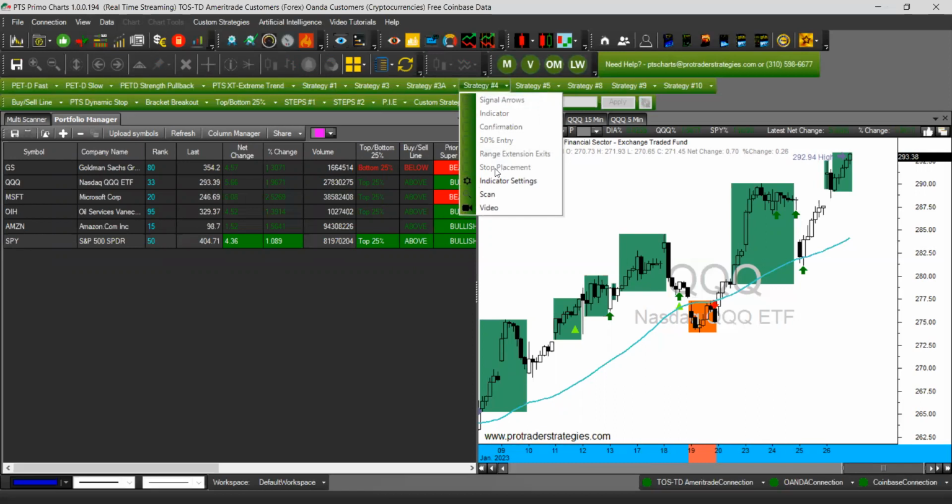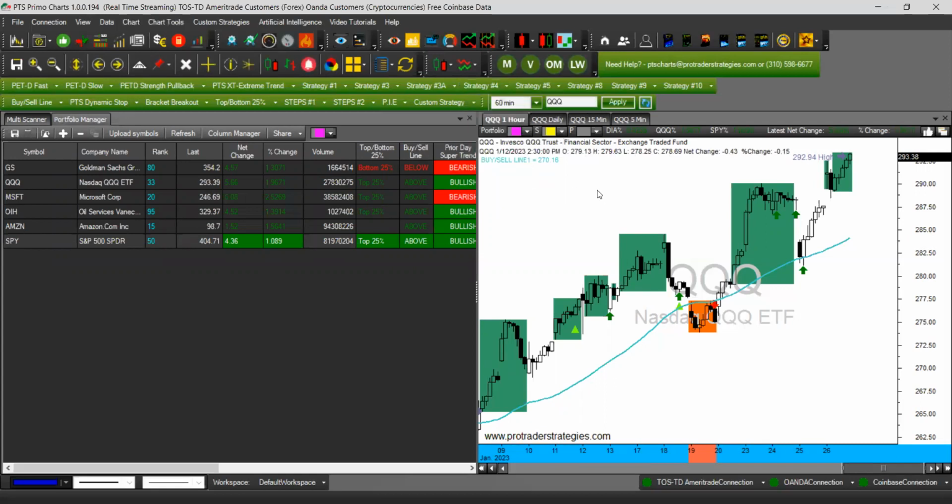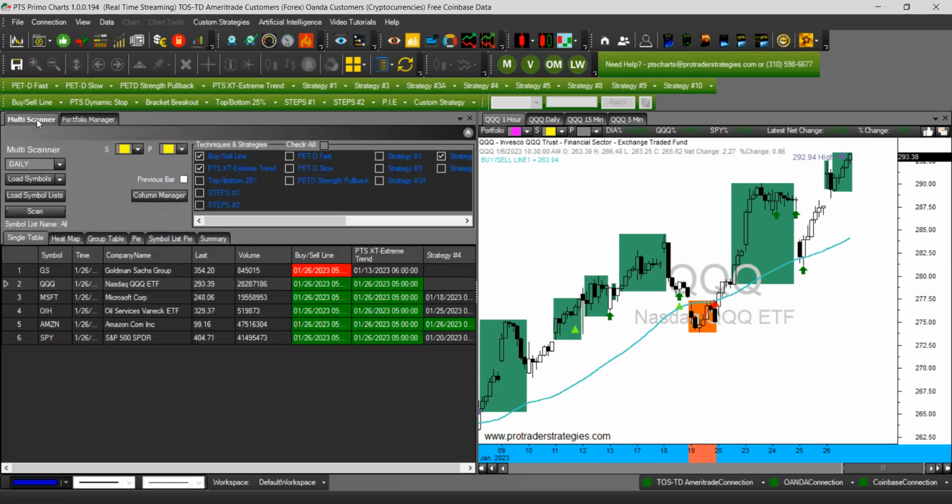This is to inform you that you are not on the chart. As soon as you click on the chart, everything will be active again. So the icons are active, these strategies are active, and where you change the symbols is active as well. So I'm going to move left again. You lose all of that, and that's our way to inform you. If you want to do something on your chart, go to your chart, click on it, and then you can do the things. So that is what I had for today.